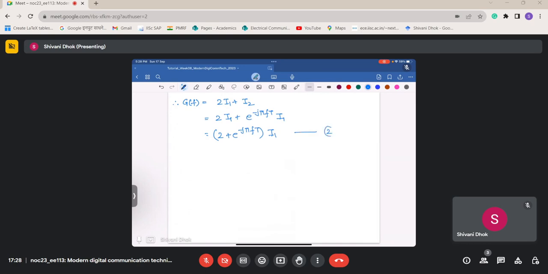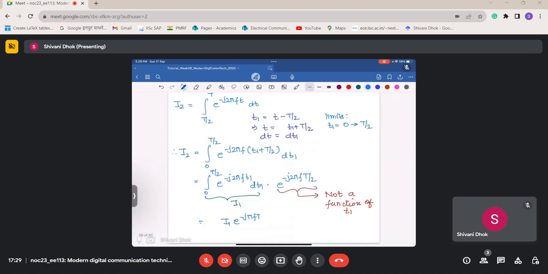So let me have this as equation 2. And from equation 1, we have this I1 as integral from 0 to capital T by 2. We have this equation here. Made some mistake.